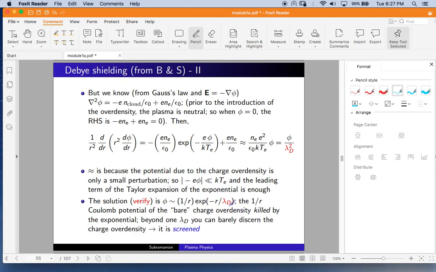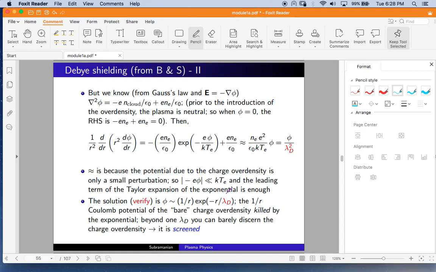In other words, if r is equal to lambda d, you've got exponential minus 1 here. So beyond r equals lambda d, the effect of this is attenuated by e raised to minus 1, or a factor that's larger than e raised to minus 1. So that kills this potential. Beyond 1 Debye length, you can barely make out the effects of the charge over density. You go 2 Debye lengths, it's even smaller.